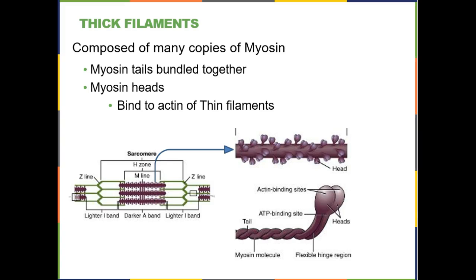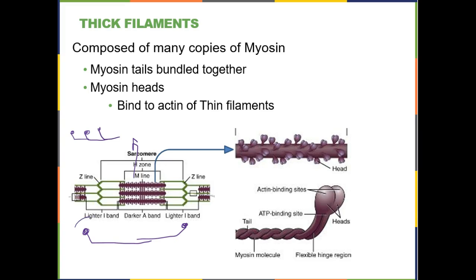If we were to look at the other side of the thick filament, we would see all of the myosin heads extended in the other direction. So some of them on this side are extended that way, and then on the other side they're extended that way.